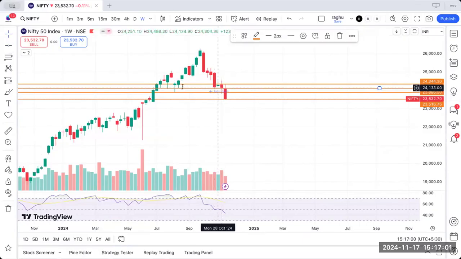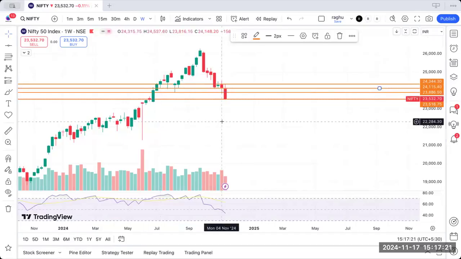Around Monday 12th August it touched exactly this point and went up. Around 22nd July 2024 it made the same support and went up. Around Monday 8th July it took support and went up. So now we have the range.